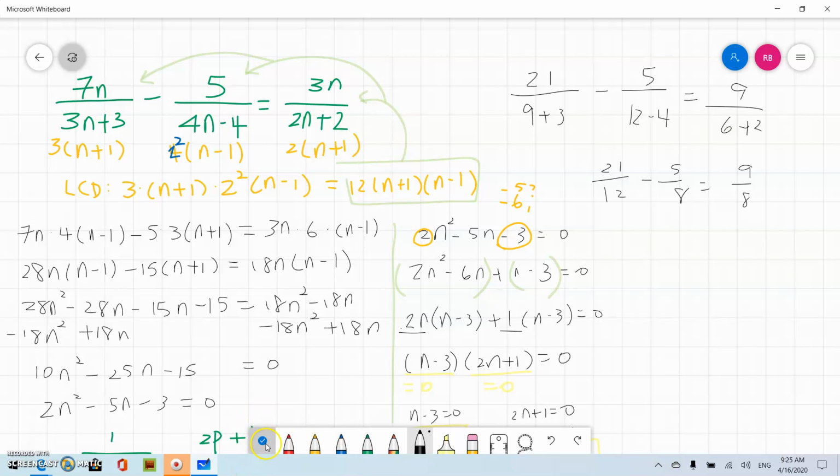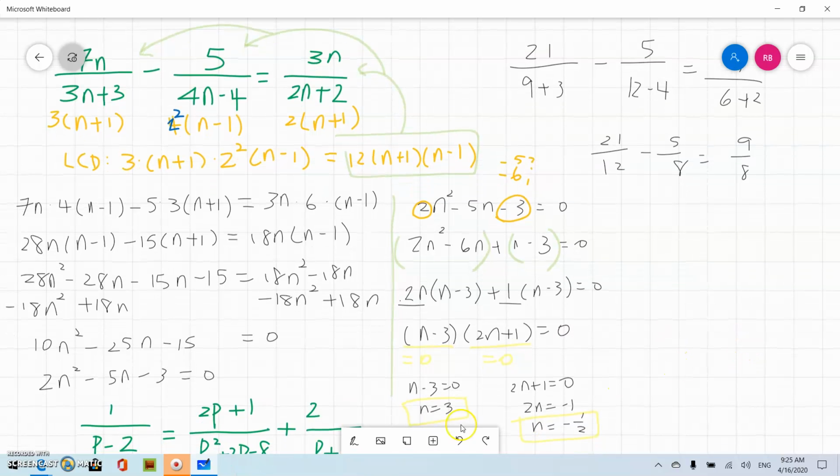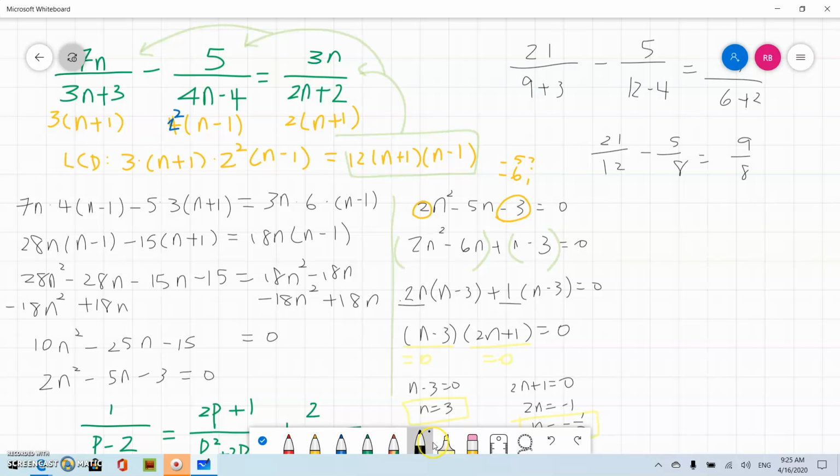And what about n equal negative 1/2? That's negative 0.5. So let's check that one too. So negative 0.5. So then negative 2, negative 4, negative 0.5, negative 1 plus 2.